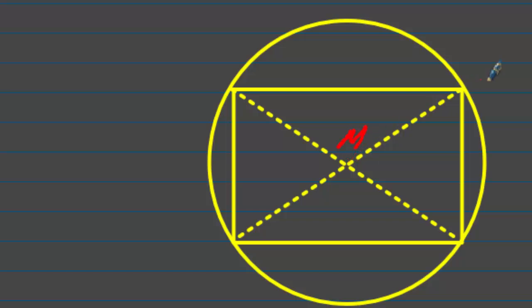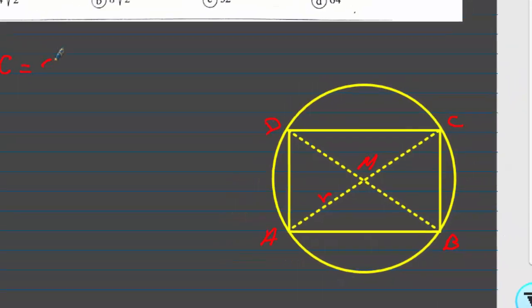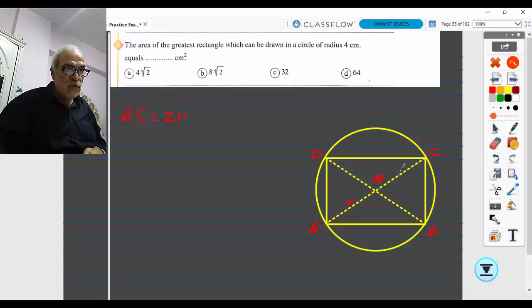Here, from M to A, consider the rectangle is A, B, C, D. If you consider MA equals R, so the length of AC equals 2R. Here is 2R.